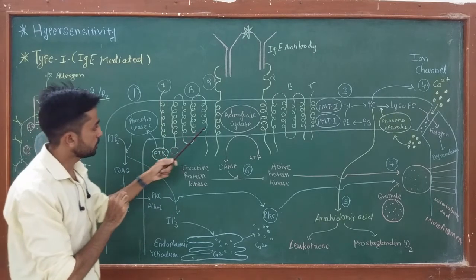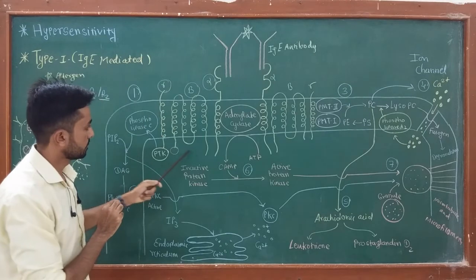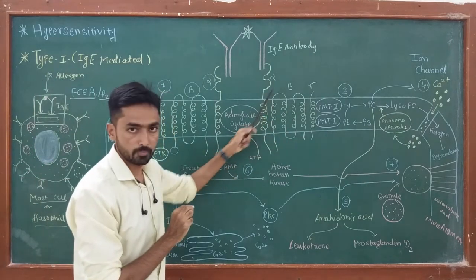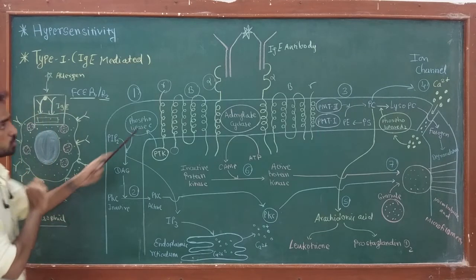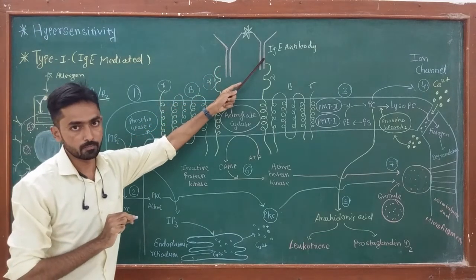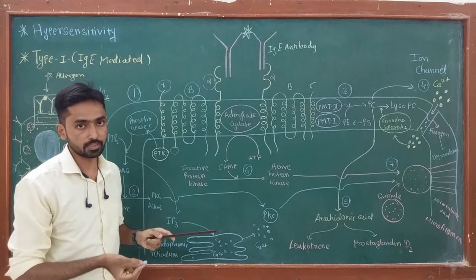So here I have shown you the first receptor and the second receptor, because at least two IgE antibodies are required for type 1 hypersensitivity reaction.